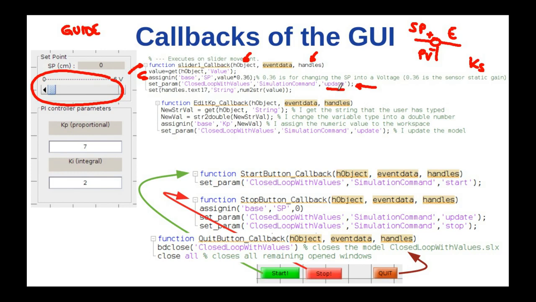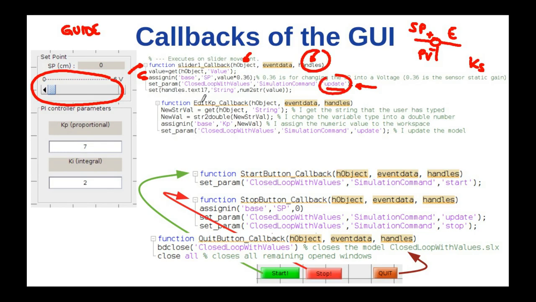You wouldn't notice it, but the model will check again all the variables, all the parameters of the model at the workspace. So this is very important, because this update will make the model check the values of all variables in the workspace.